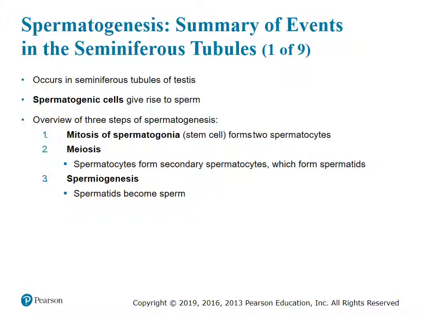All right, so let's look really quick at spermatogenesis, the making of the sperm. Again, seminiferous tubules are where this happens. Spermatogenic cells make the sperm. They actually undergo meiosis. So we see mitosis of the stem cell, which we call spermatogonia. That's a stem cell, and then it divides, so we see two of those stem cells.